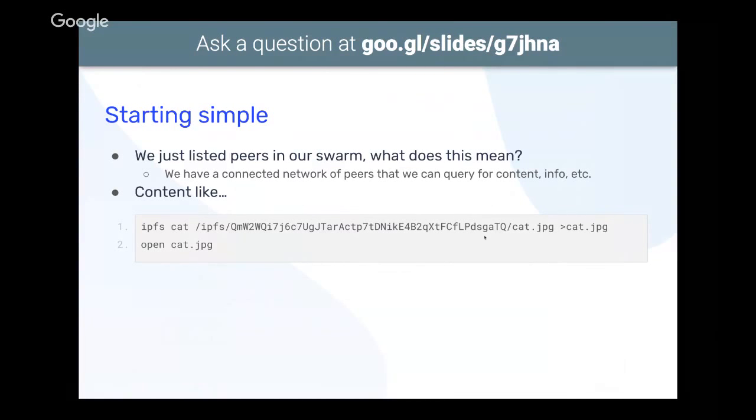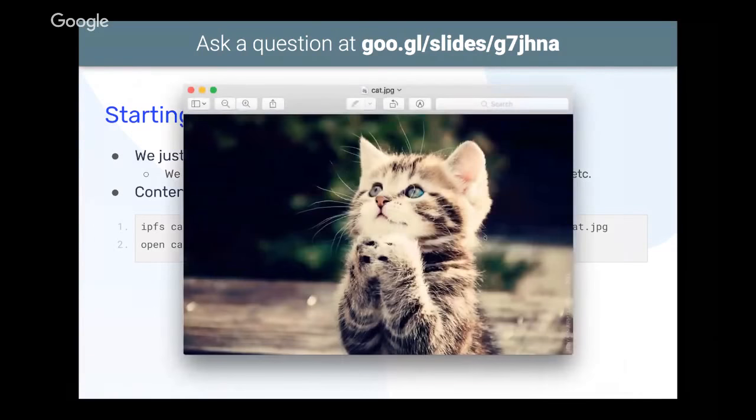We'll start by catting a photo of a cat. So ipfs cat, and then you give it a long address to a particular file, and that address is the content address for that particular file. You can save it to your local hard drive, and then open it, and you'll get something that looks a little bit like this.